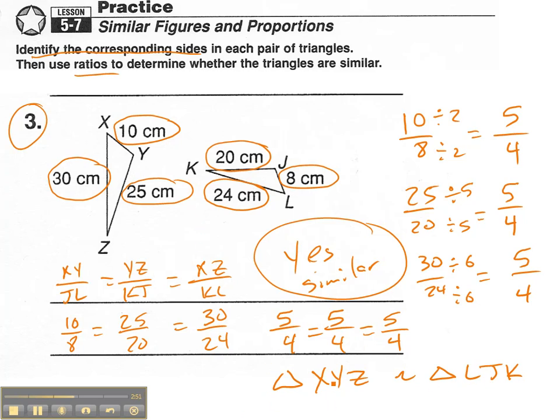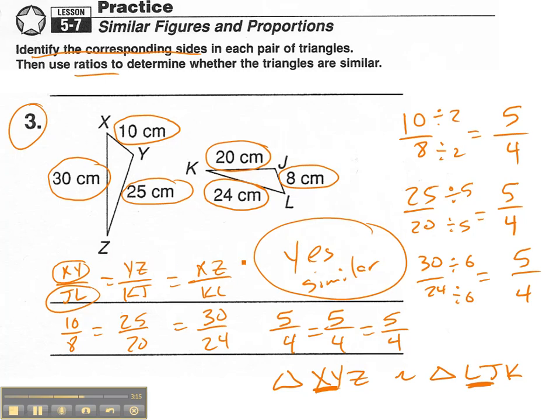The corresponding angles, or the congruent angles, have to be in the same position. Let me explain better. Looking at this first pair of corresponding sides, XY, that's the first two letters of this similarity statement for this triangle, and LJ are the first two letters of the other. Also, the position of the letters indicates the corresponding sides.